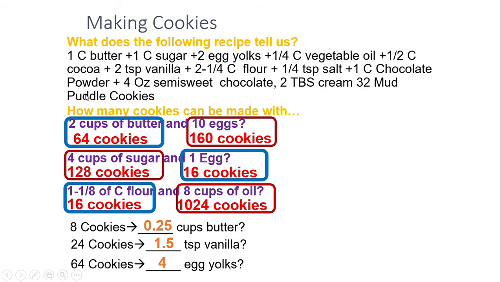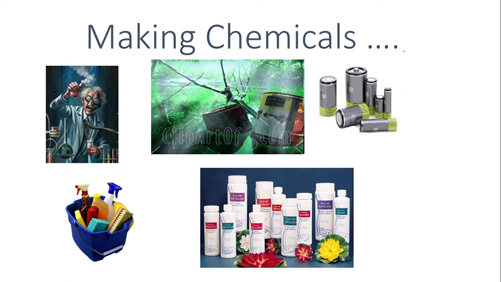So that is also how the different compounds in a given reaction are measured. Making cookies is just like making chemicals. In the laboratory, we make chemicals by using stoichiometric calculations.